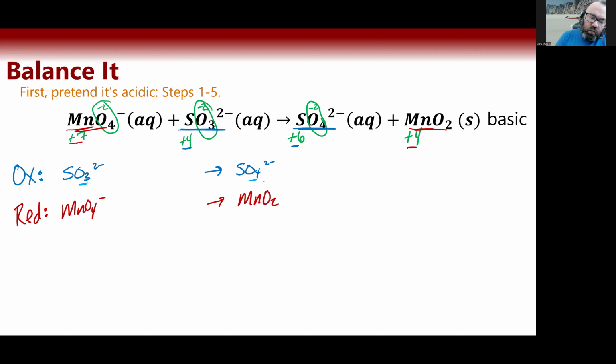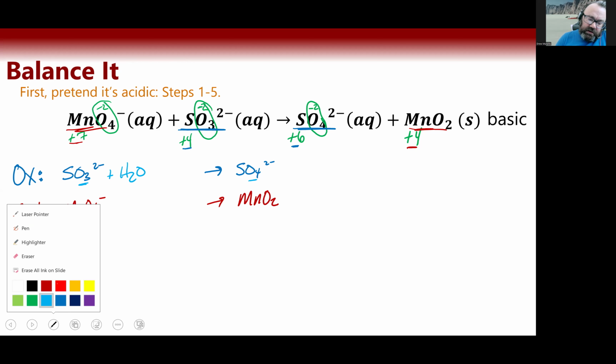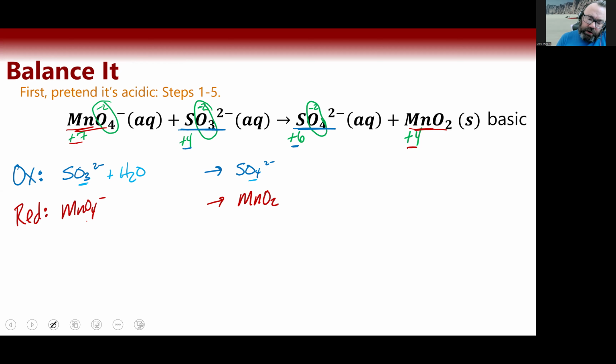So we need 1 water on this side of the SO3. And then on the manganese half, we have 4 here and we have 2 here. So we need 2 waters on this side. Now the oxygens are done.